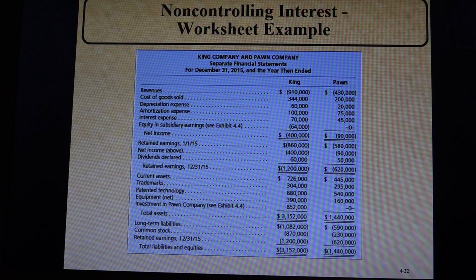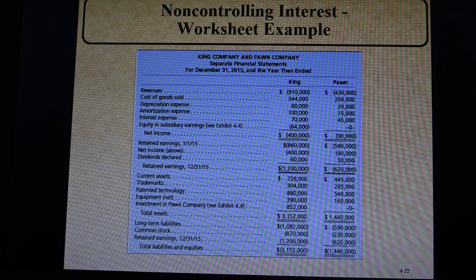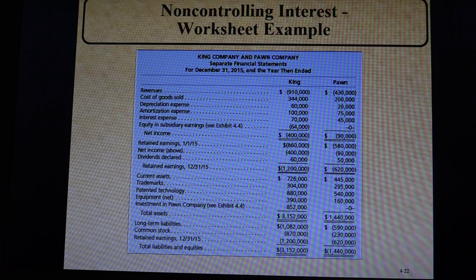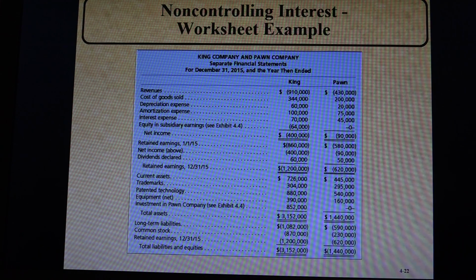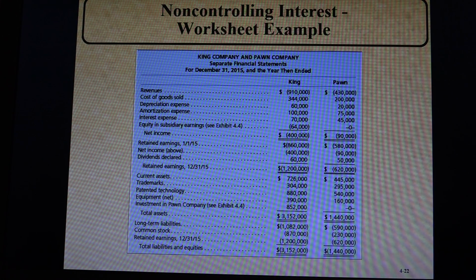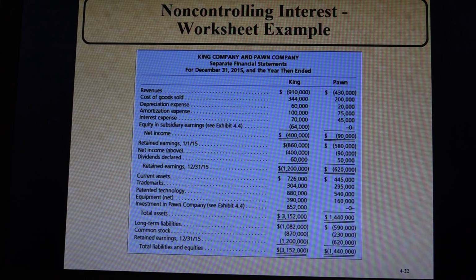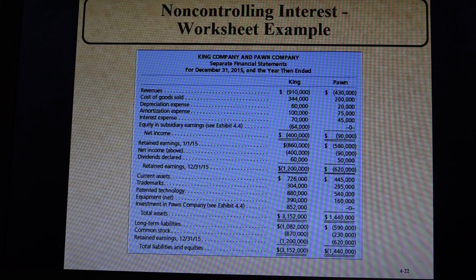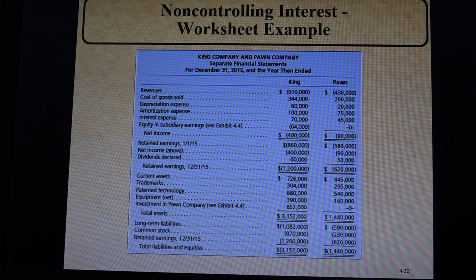And again, on page 158, you could definitely figure out the totals here without even using the worksheet. But I guarantee you'll benefit from probably first making the calculations, doing the entries, and including those entries in a consolidated worksheet like this.